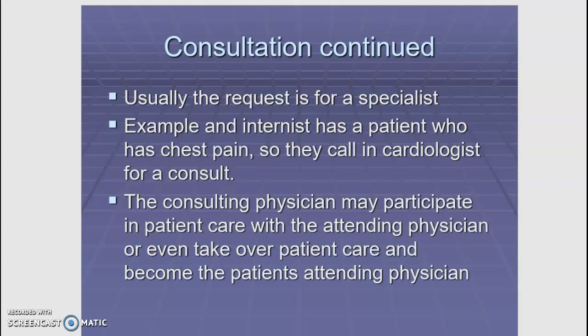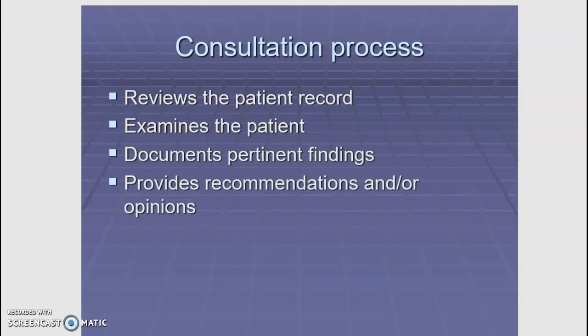You have an internist with a patient having a hard time urinating or pain urinating, and they're just not sure exactly if it's a UTI or it could be something more serious. At that point, they call in a urologist. The consulting physician may participate in the care or even possibly just take it over.